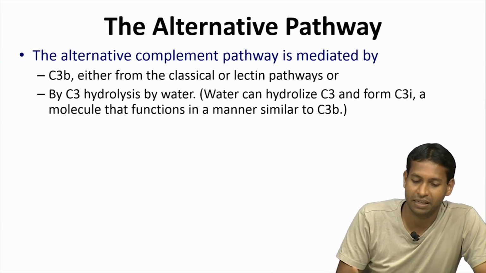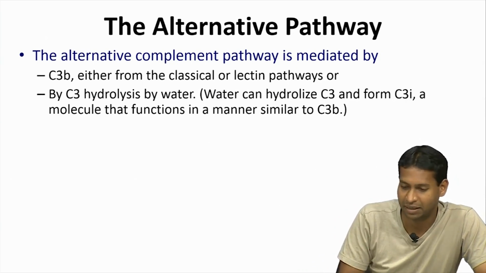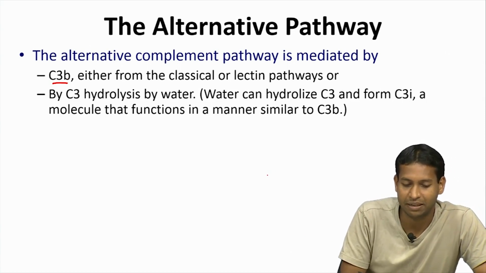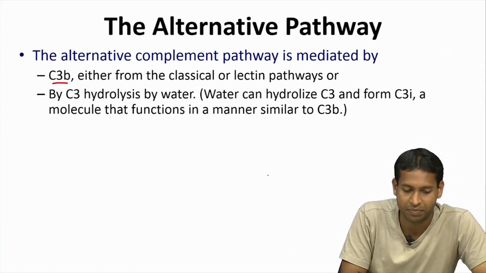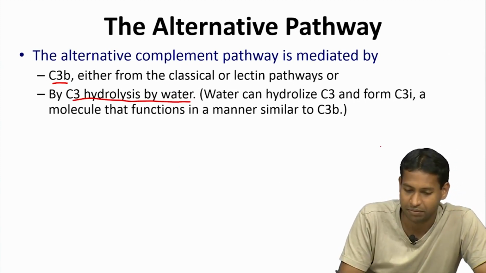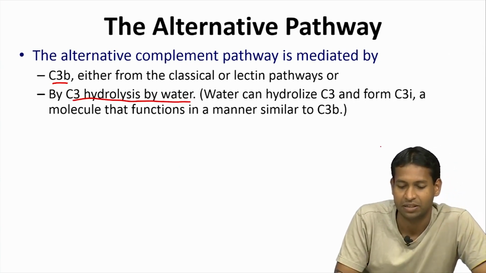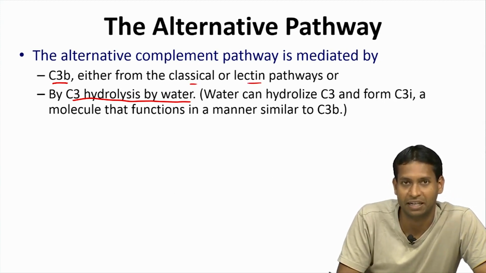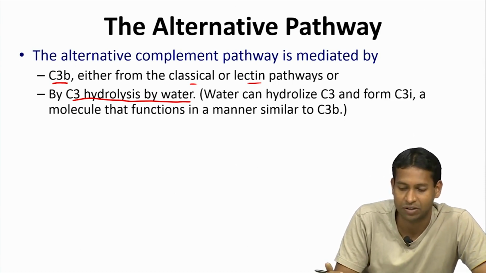The alternative pathway is mediated by C3b, either through the classical or lectin pathways. It can also be activated by C3 hydrolysis by water. So basically both the classical and lectin pathways can activate the alternative complement pathway, or C3 hydrolysis can also do that.